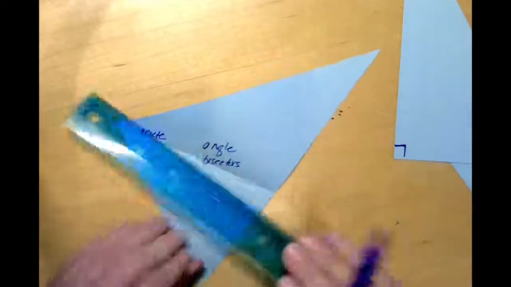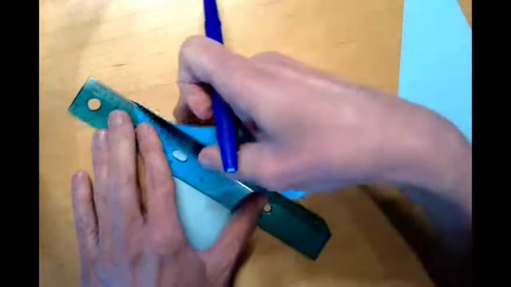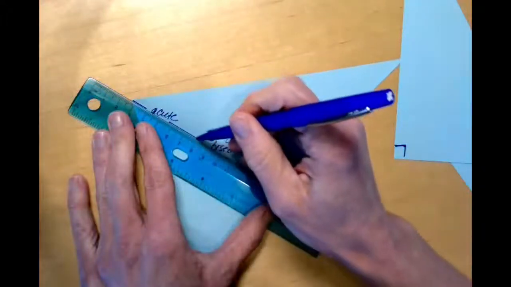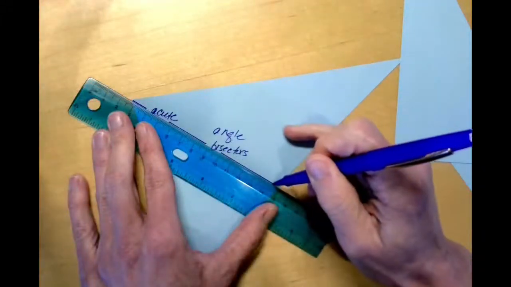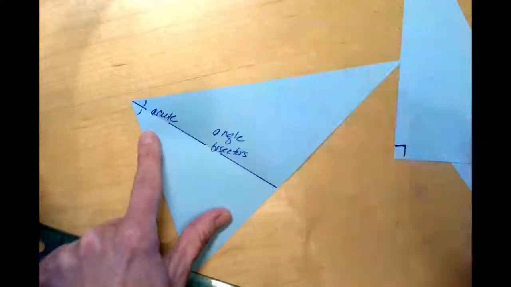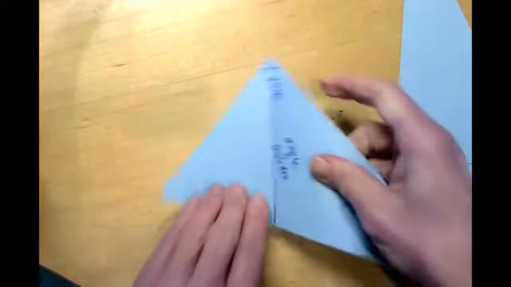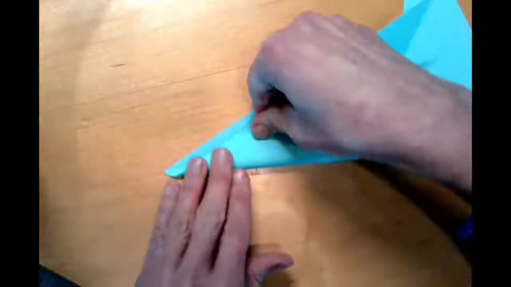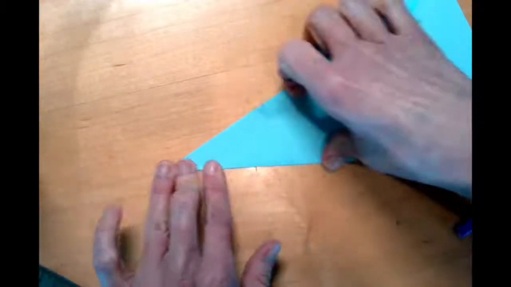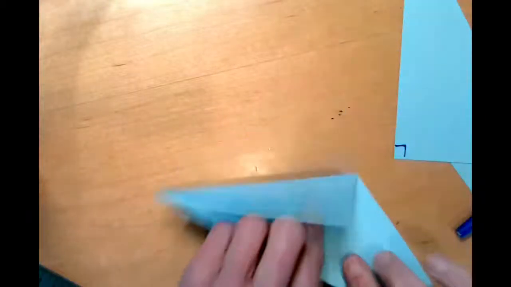If I fold the angle in half, then I can draw this side length, this segment that is the bisector that evenly divides this angle. So if your acute angles are too small, it is difficult to fold.